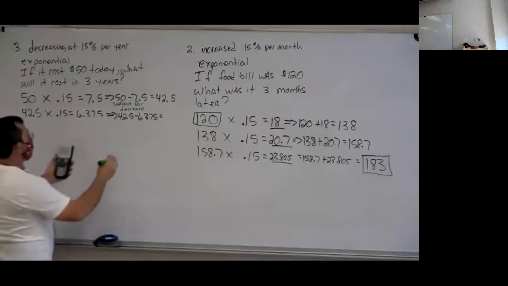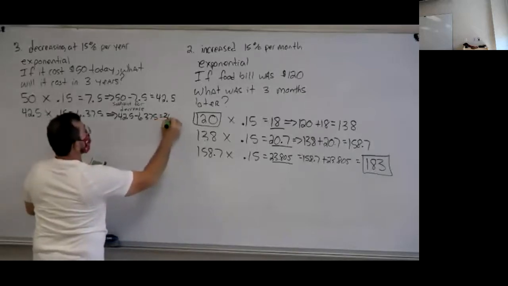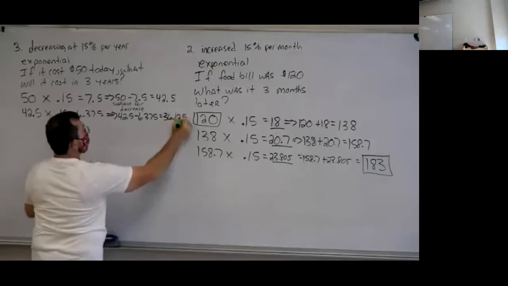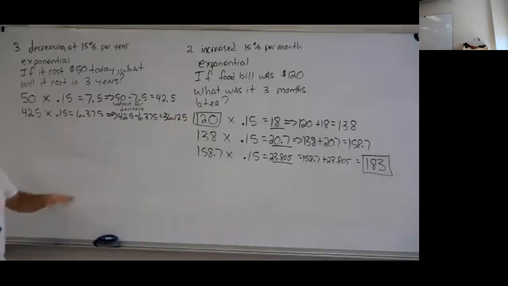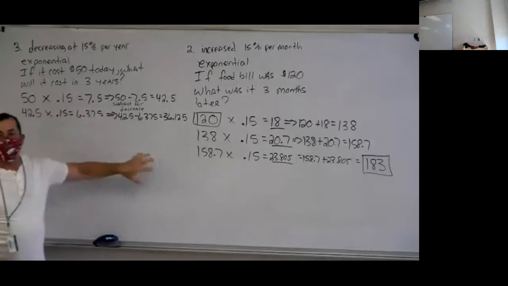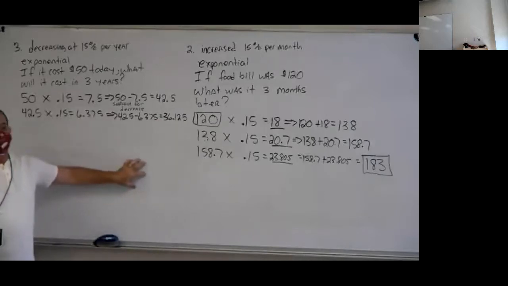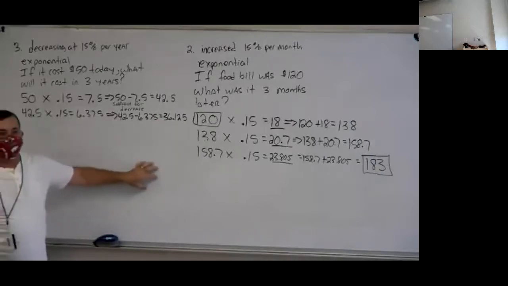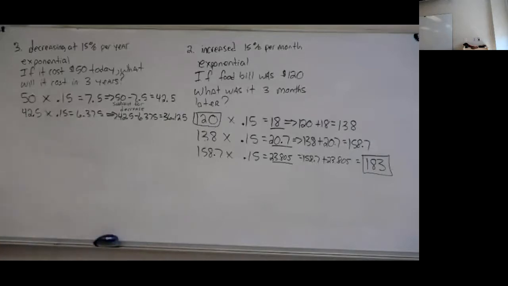So doing that, my part is now down to 36.125. Now, y'all, I'm just leaving all my decimal points until I get to the end, and then when they tell me where to round it, I'll round it to the nearest dollars or cents, okay? And this one will round to the nearest cents when we're done.